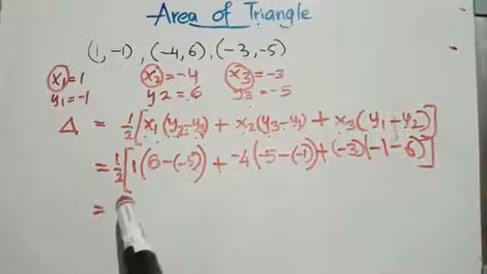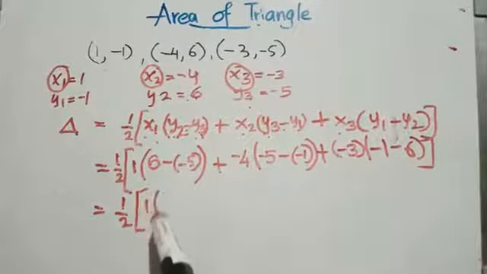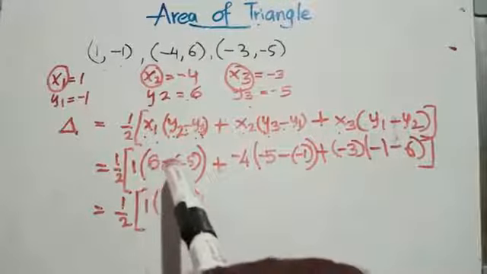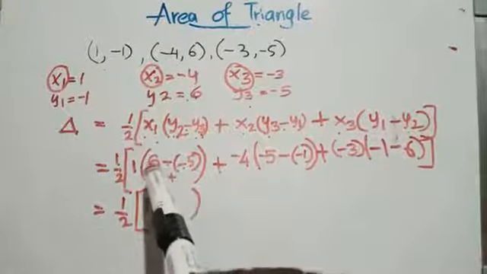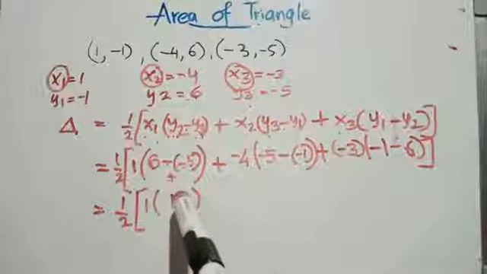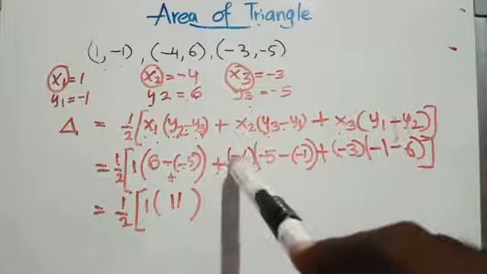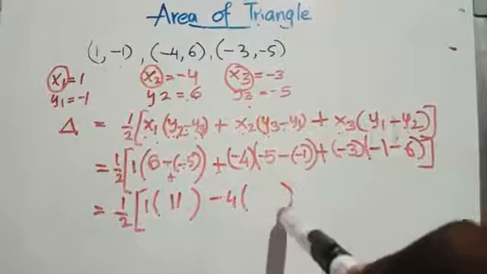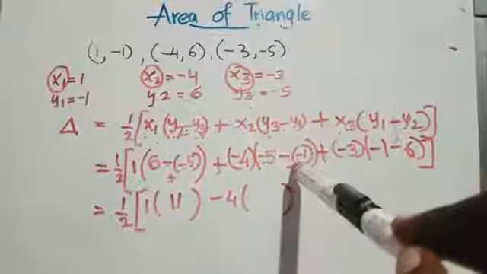So we get it as half of 1 into 6 minus into minus. What is minus into minus? It's plus now. Yes, so 6 plus 5 is 11. Plus into minus is minus 4 of minus 5, minus into minus is again plus.